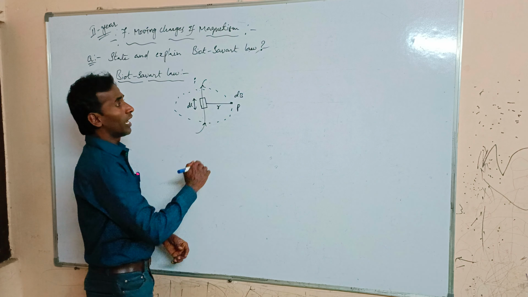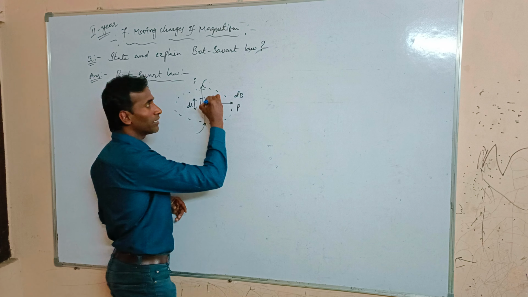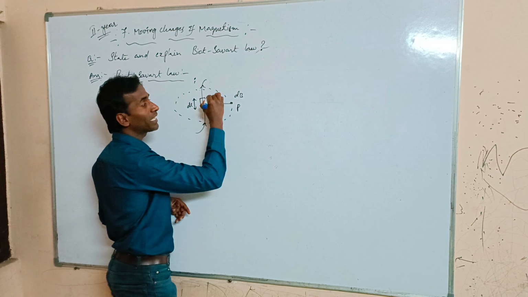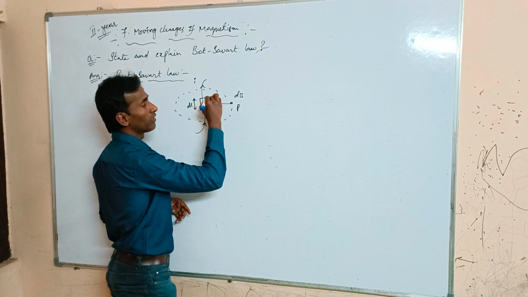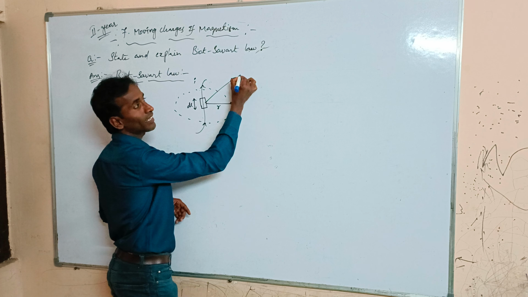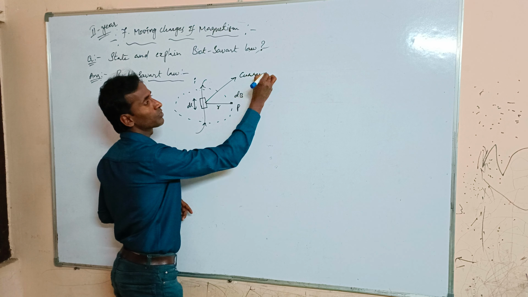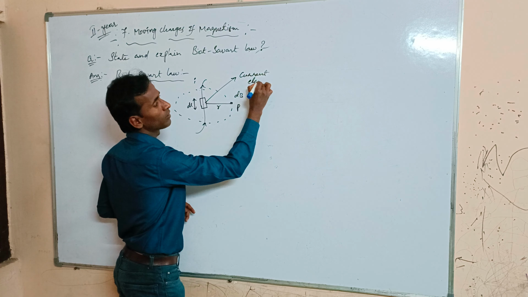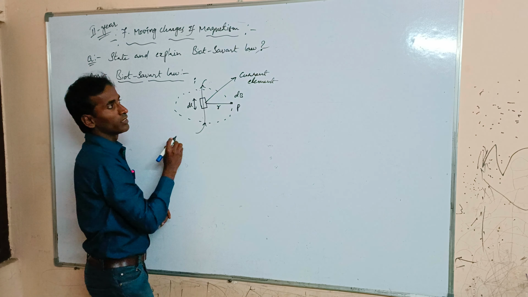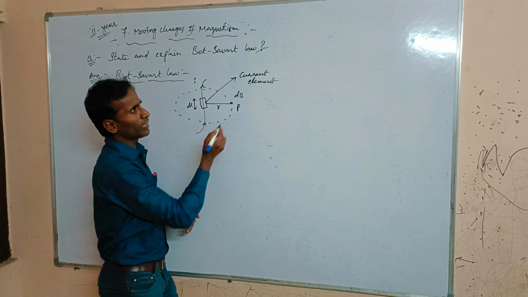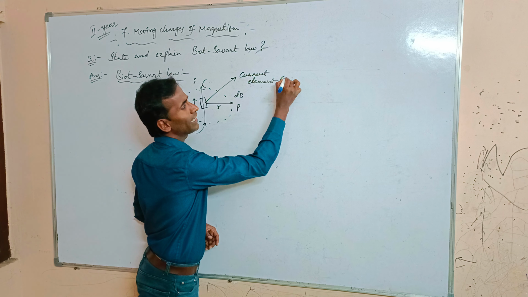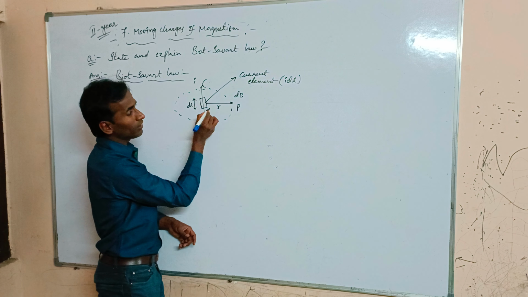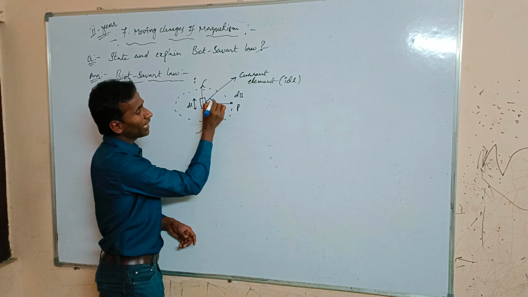The current element and this distance make an angle theta. What is the current element? That is I dl. I dl is the current element, and it makes an angle theta with the distance r.